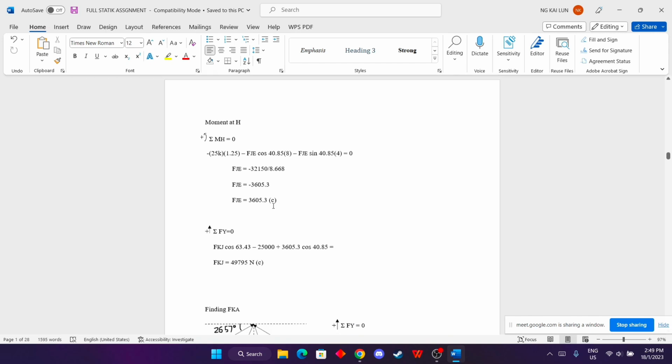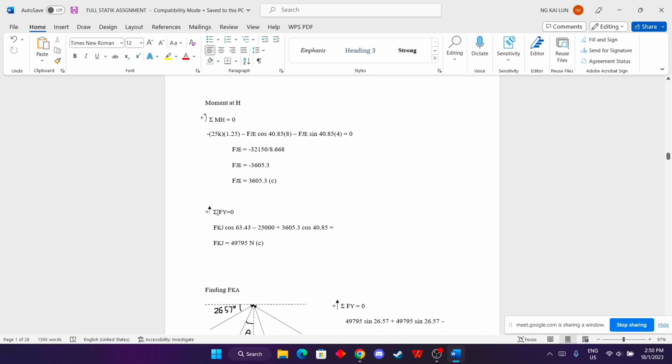Since I already found the theta, it's FJE cos 40.85 times 8 minus FJE sine 40.85 times 4, where 8 and 4 are the respective perpendicular lengths. So here we found out that FJE equals 3605.3 Newton compression. Since this is negative, the extension is compression, which means I need to reverse my arrow.